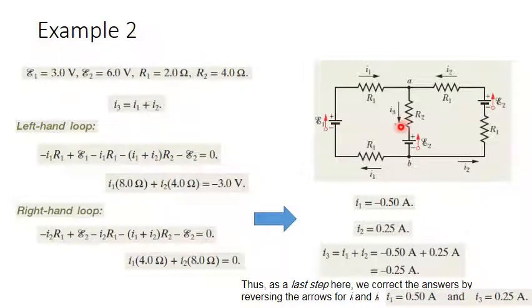and we will start from where this I2 R1 is. So we will start from point A, and we are going in clockwise direction. So from A through the resistance R1.